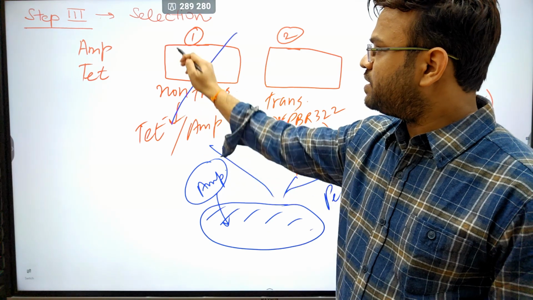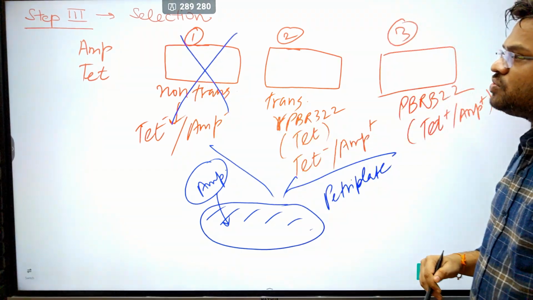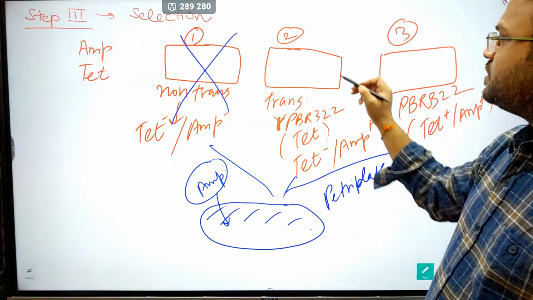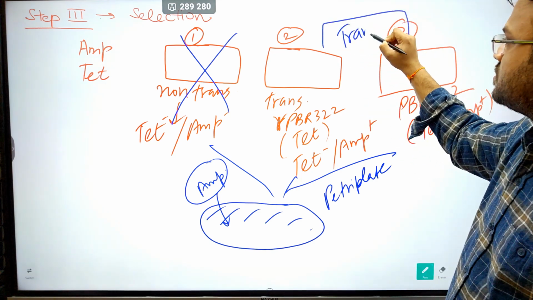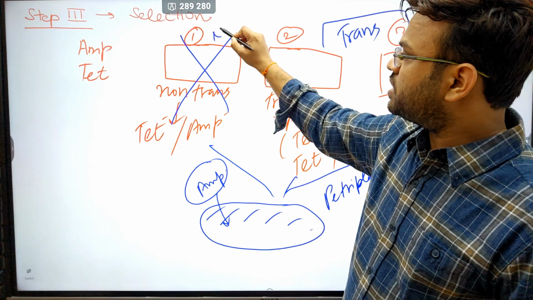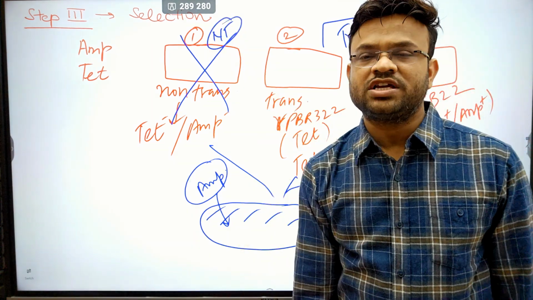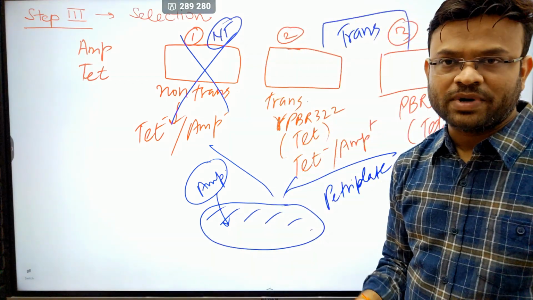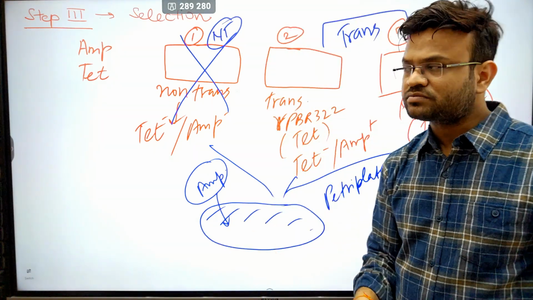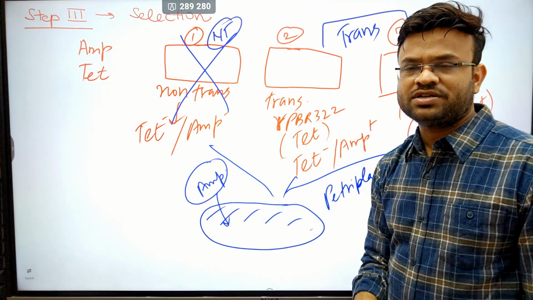It will be eliminated. In this way, you have differentiated between these were the two transformed cells, and this was non-transformed. So you have differentiated transformed from non-transformed by using one of the antibiotic resistance genes. So this was selection.